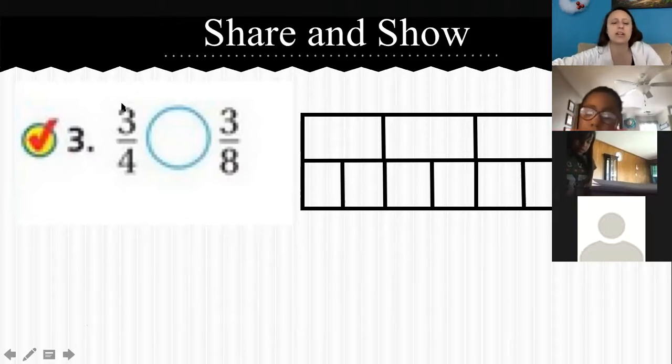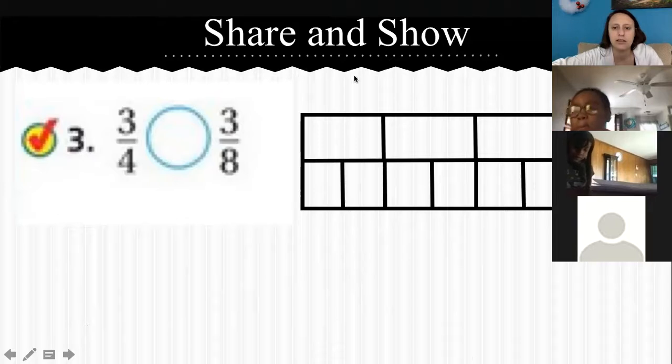Okay, well, let's color it in together. 3/4. All right, so if I have 3/4, how many sections am I coloring? 3.